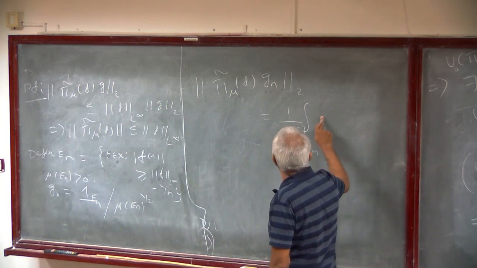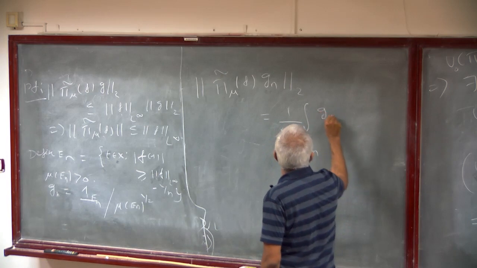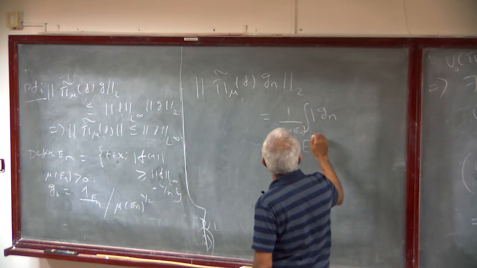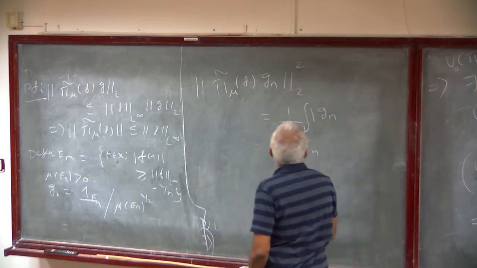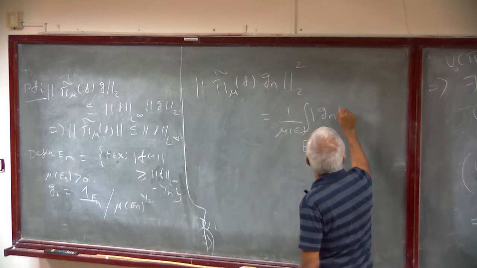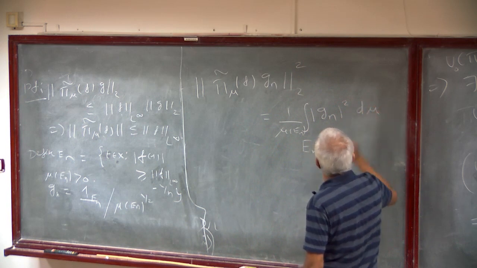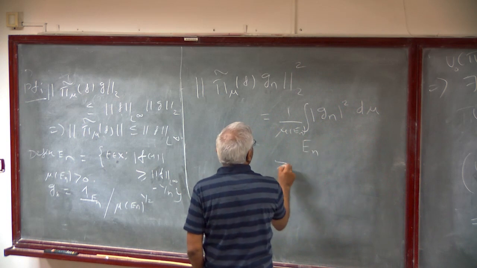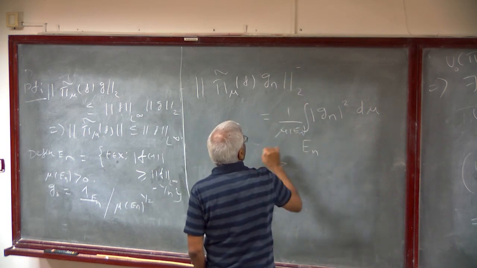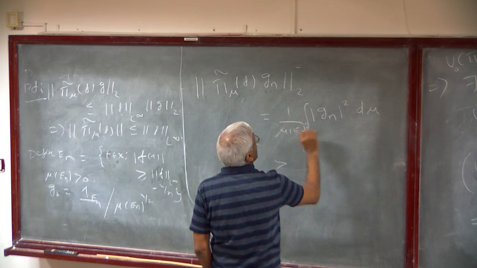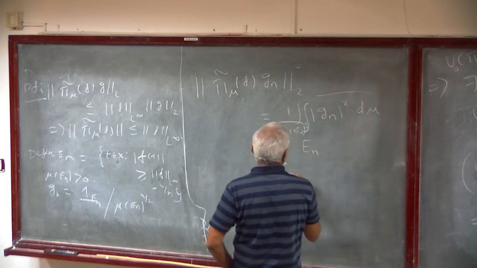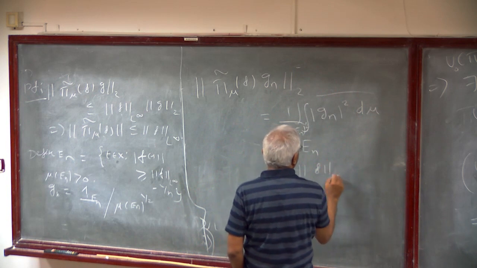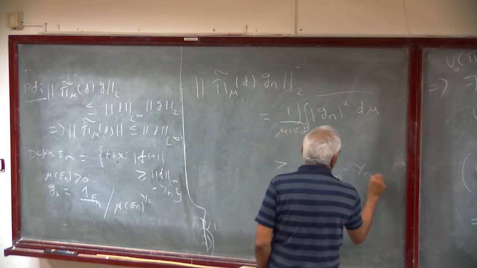And it takes value 1 here, so you will get only mod Gn squared, right? And here the mu En is equal to the integral of Gn squared d mu. Maybe you take the square root of that, which is greater than or equal to the norm of F in L infinity minus 1 by n.